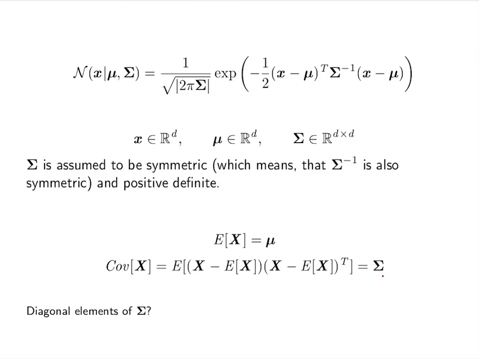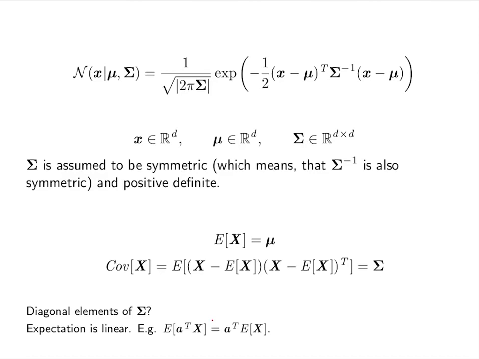Sometimes the covariance matrix is a little bit difficult to understand, at least at the beginning, so try to think of this question here. What are the diagonal elements of sigma? And furthermore, as a sort of training exercise, you should be able to show that the expectation is linear. So this is of course a general property, and you should be able to prove this identity.